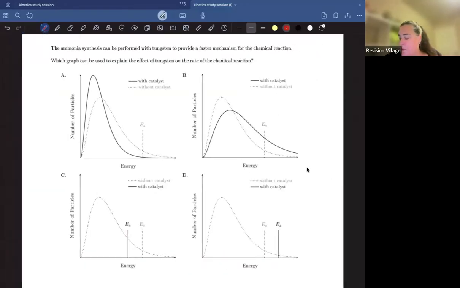Here's a quick little multiple choice. Which one of these graphs shows the effect of adding tungsten on a chemical reaction? So you can see that the before without catalyst is the dotted line. It's the same in all four pictures. How would I show you the effect of adding a catalyst?